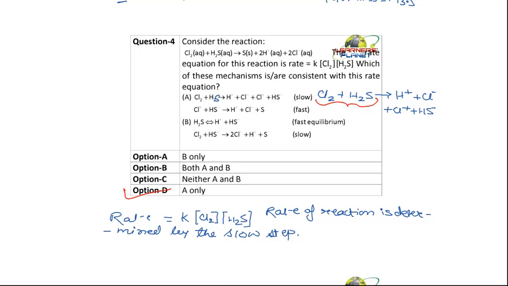So students, while finding out the reaction mechanism, you should keep in mind that the reaction proceeds by the slow step, right? So the reaction is proceeding by the slow step, and you need to keep in mind that the rate of the reaction is determined by the slow step. Okay.